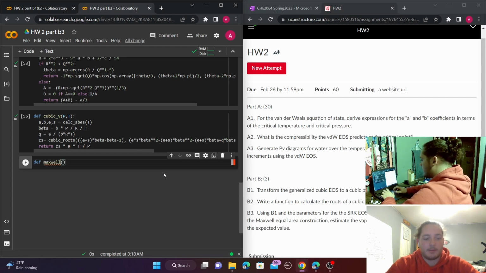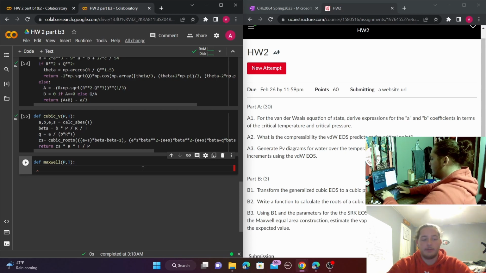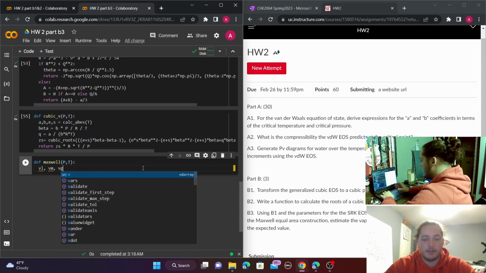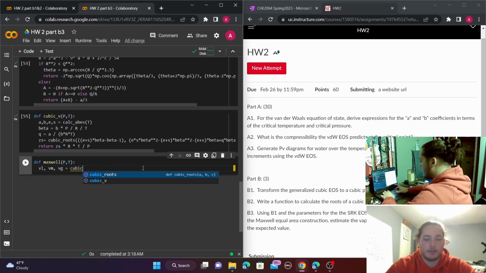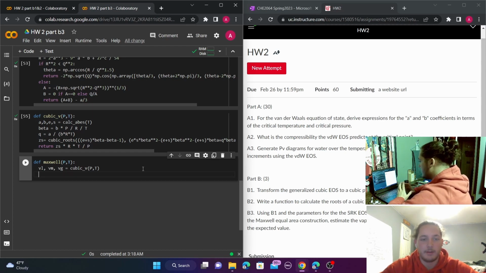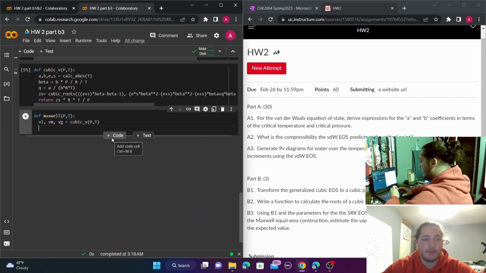I'm just going to label it Maxwell P, comma, T. So moving forward, we have VL, VM, and VG, and that is equal to cubic_V of P of T. So now what we want to do here is return our function, and we are going to use this quad function here and lambda to evaluate our integral, and hopefully we're able to find the area under the curve, and then that value should be the vapor pressure at the temperature we're looking for.